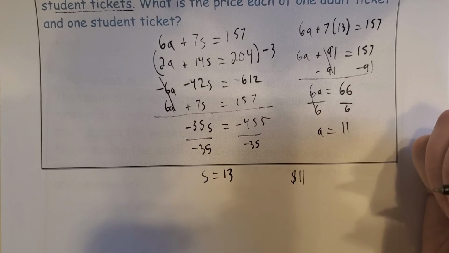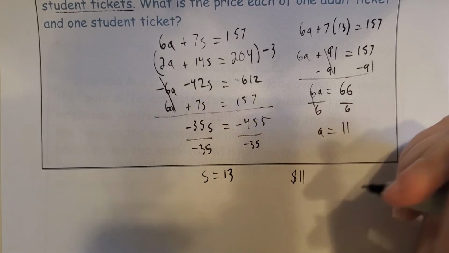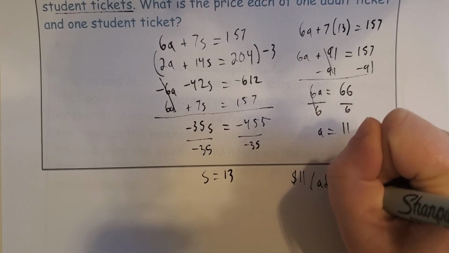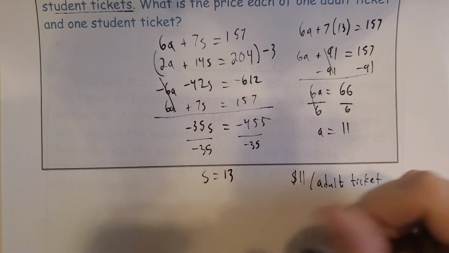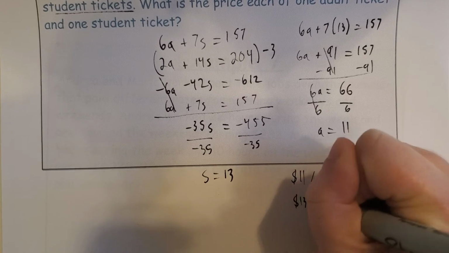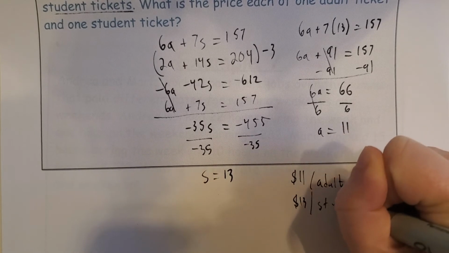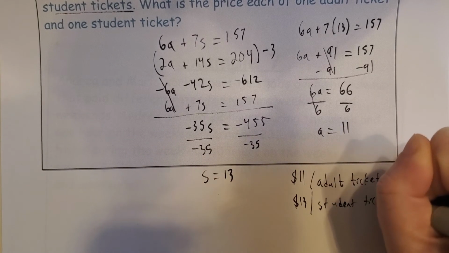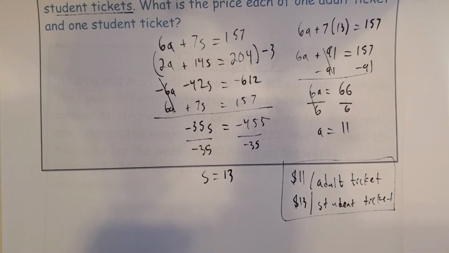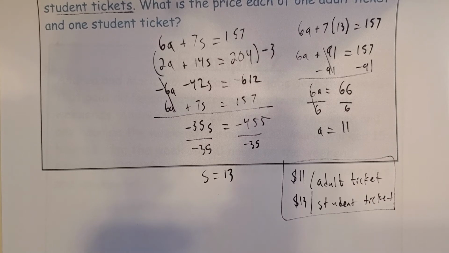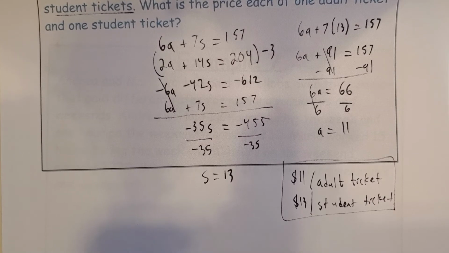So since we were looking for the price, it's $11 per adult ticket. And then it would be $13 per student ticket. Something like that, or something phrased like that, would be something that I'd be looking for.